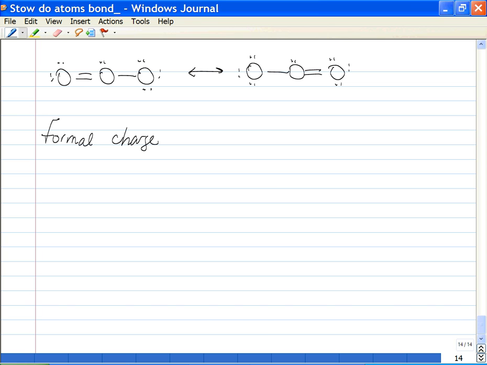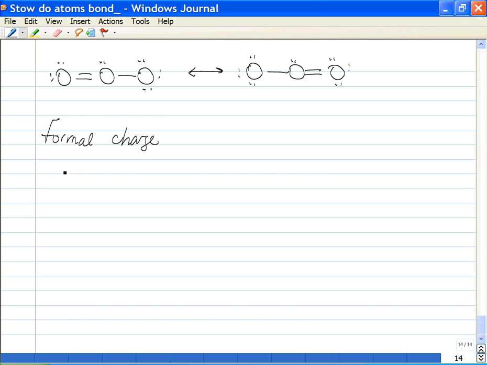But the formal charge asks us to say, okay, how many electrons does this atom bring to the molecule? And how many does it actually share or possess while it's in the molecule? So how much electron density did it have before it got bonded versus how much electron density it has after it's bound.